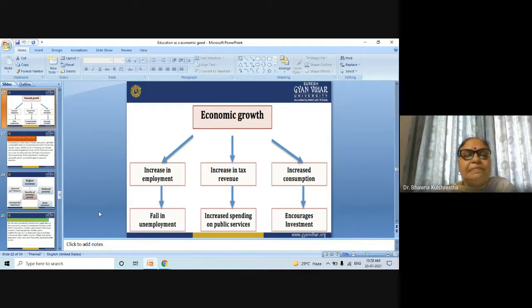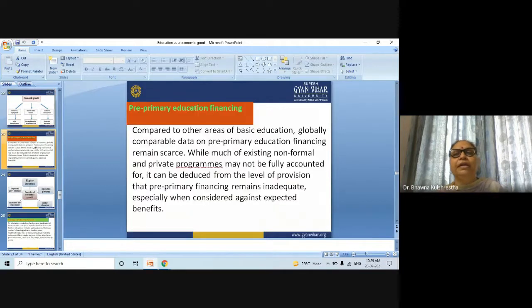And the next is primary education, pre-primary education financing compared to other areas of basic education. Globally, comparable data on pre-primary education financing remain scarce.